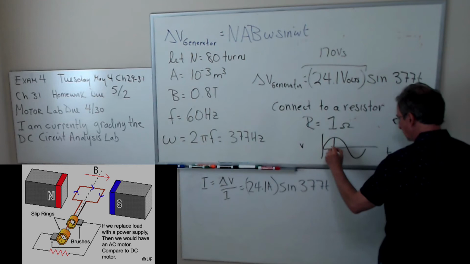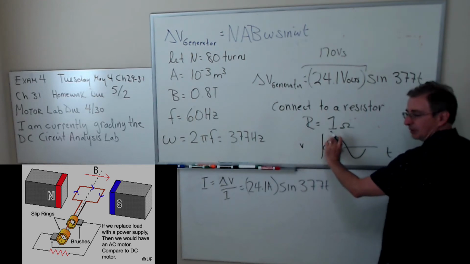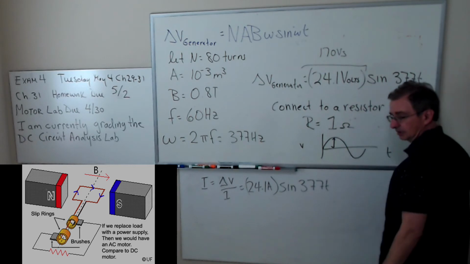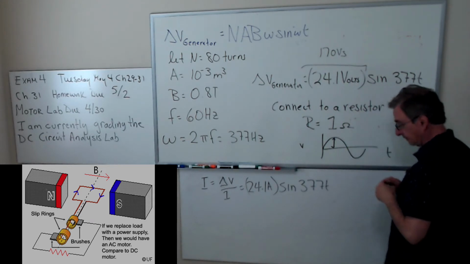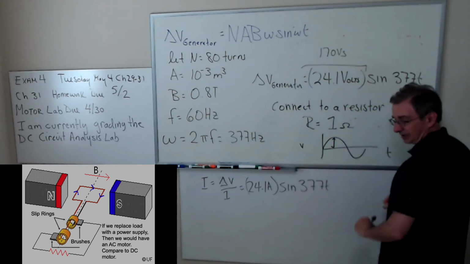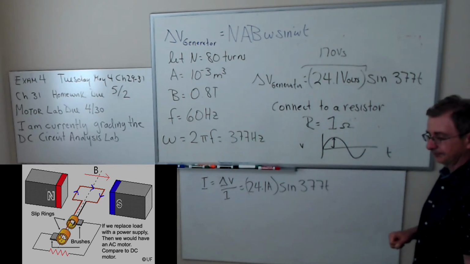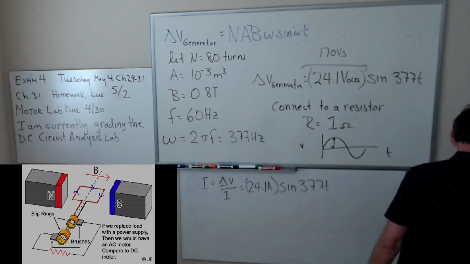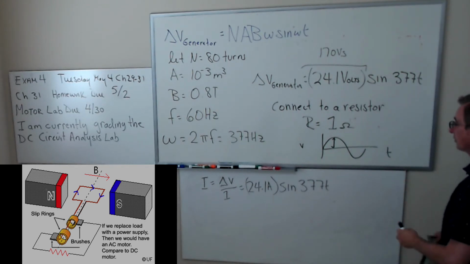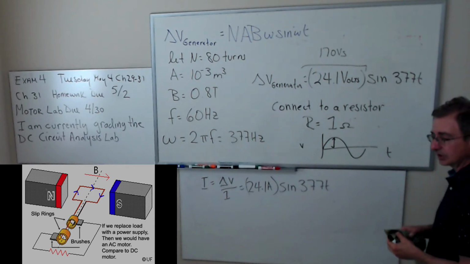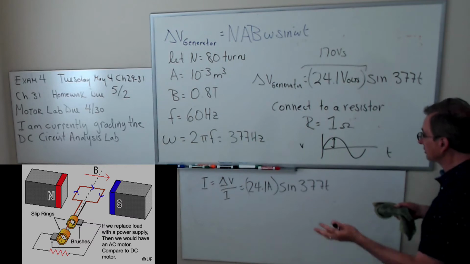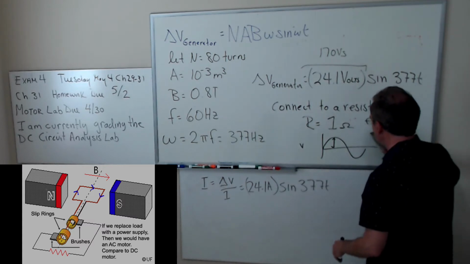When you measure this, you'll see that this is about 170. That's the amplitude. And then this cycle will take 1/60th of a second. When we get to chapter 33, we'll be talking about AC currents and how capacitors, resistors and inductors affect an AC source.